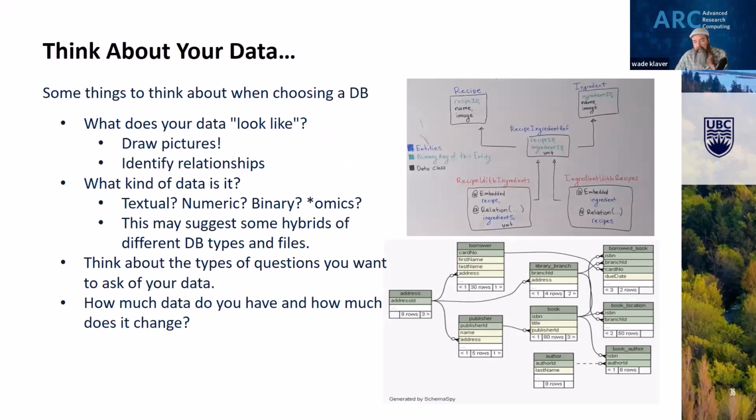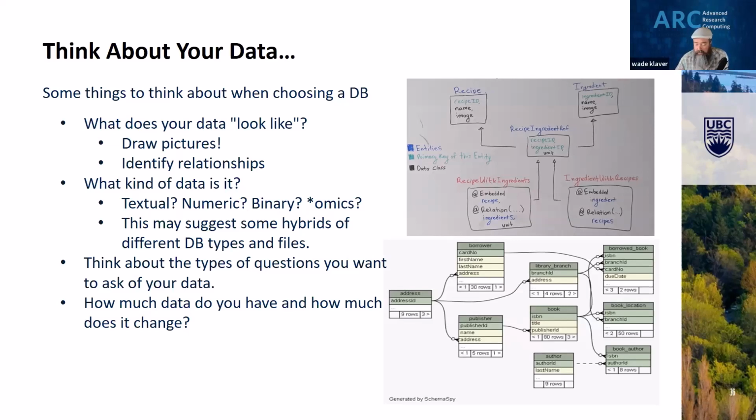One of the things I'm always telling prospective database users to do is think about your data. When I say think about your data, draw pictures. Oftentimes the data really falls into two categories. One is fairly relational. And I've got a couple of entity relationship diagrams here, which really help you think about what your data looks like, how it relates to each other, and what kind of data you actually want to capture about a process.